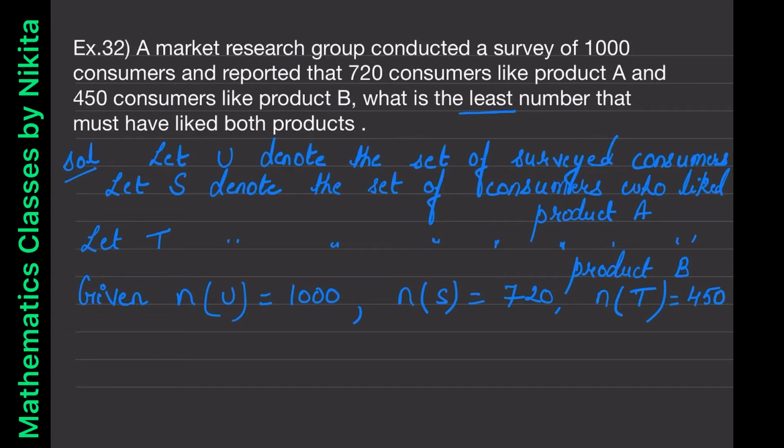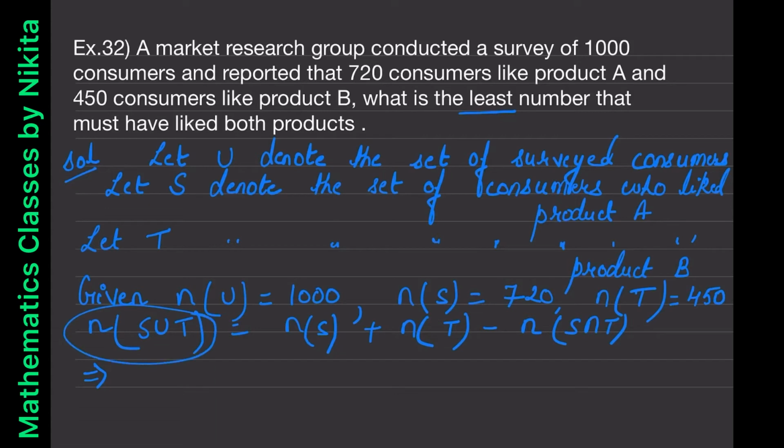Now first of all, we know that the number of elements in S union T is equal to number of elements in S plus number of elements in T minus number of elements in S intersection T. Now if I just plug in the values here, I don't have the value of S union T, because first of all only the number of elements in U are given to you, and nothing like this is given that each person likes at least one of the products. So I would have used the value of U to be the value of S union T. Note this thing. So number of elements in S union T is not given to you.